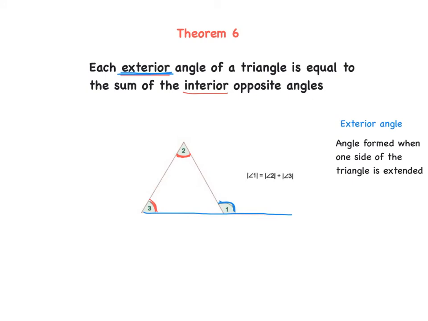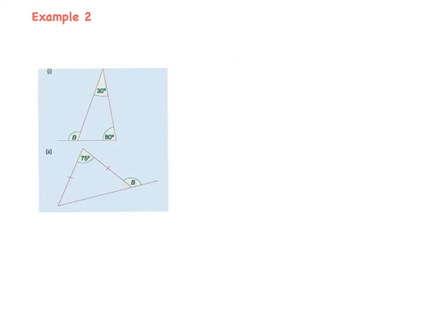Okay, now we know all the keywords. So theorem 6 says each exterior angle of the triangle is equal to the sum of the interior opposite angles, okay, opposite angles. So that means we cannot take this angle, we need to take the opposite angles to this exterior angle. So every single time we add two angles inside, the sum is exactly the same as the angle outside, the exterior angle. And now we can look at these two triangles and find what B is.